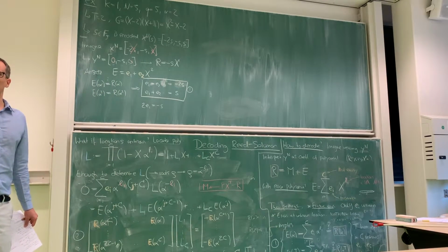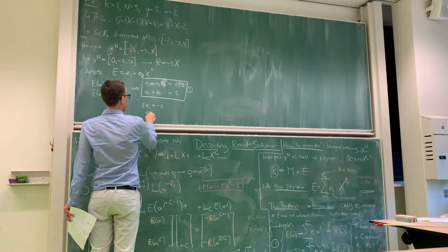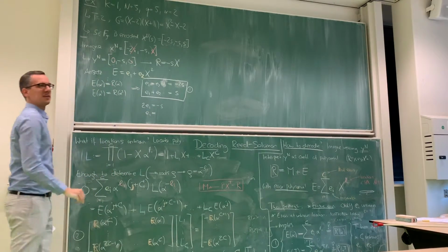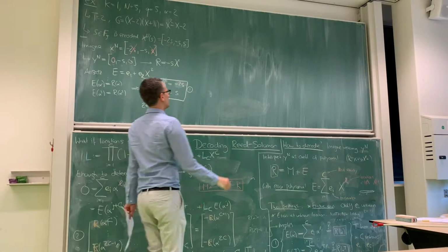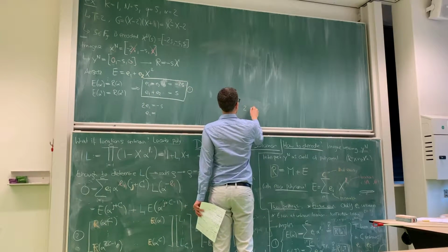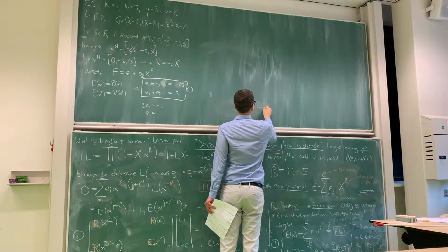It's a bit annoying. I have to solve this modulo 5, right? So which E1 satisfies this? Okay. So 2 times which number is 1? What's the inverse of 2 modulo 5? 3, exactly. 3 times 2 is 6, is 1 mod 5.